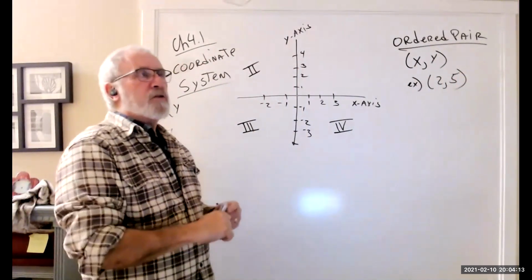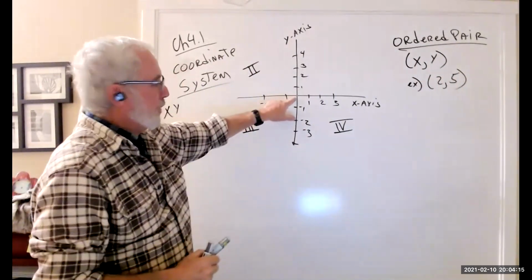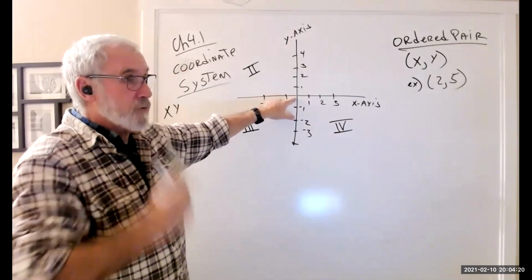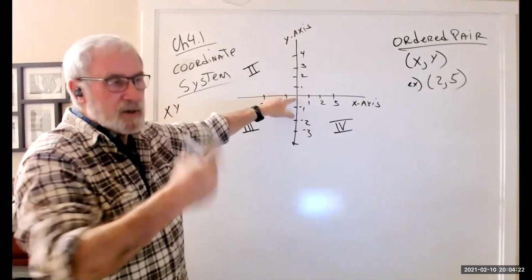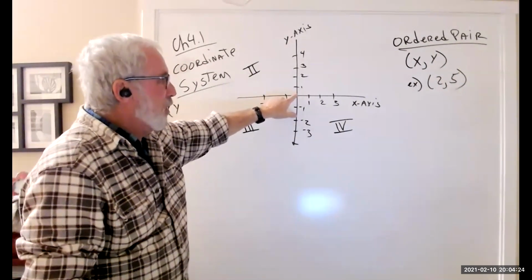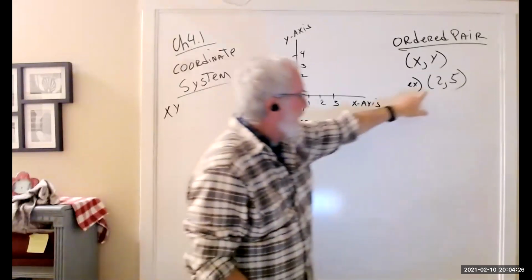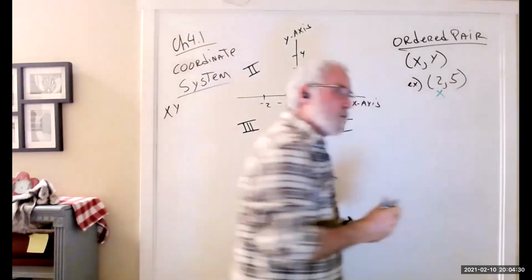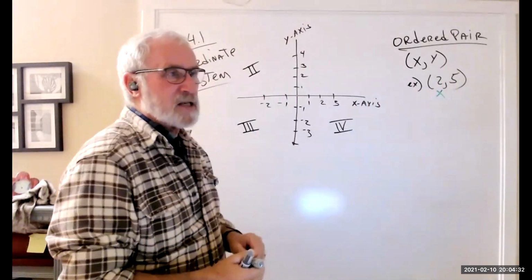And we always start from right here. That's called the origin. Now, this is all in the book if you want to read it. This should be a little bit of review for most of you. We always start here, and the first number represents movement along the x-axis.